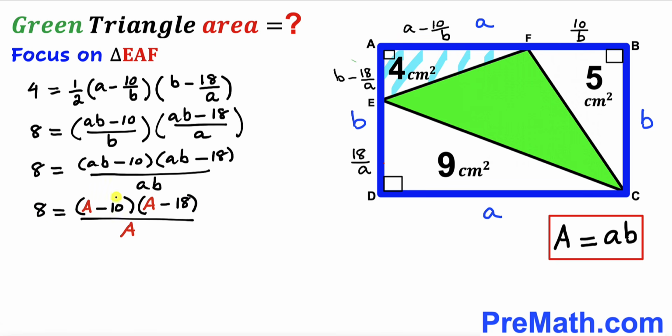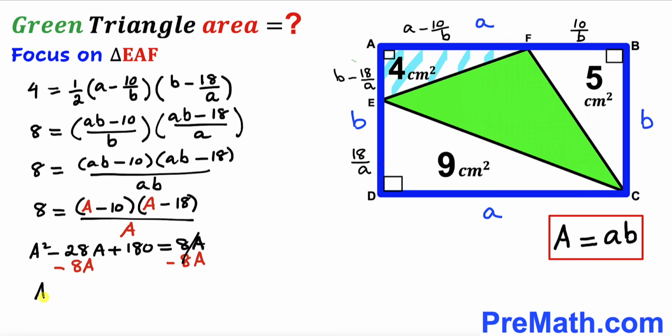So therefore if we distribute, we are going to get A square minus 28 times A plus 180 equals 8 times A. And now we are going to subtract 8A from both sides. This is gone.